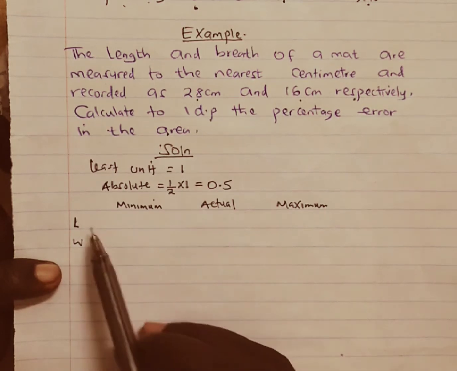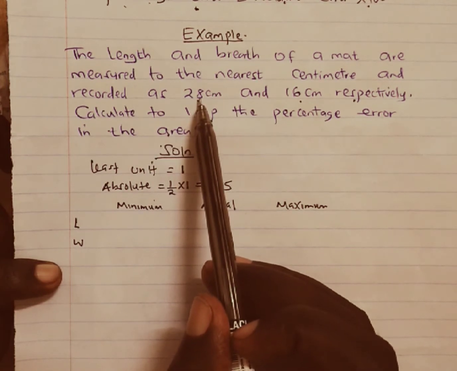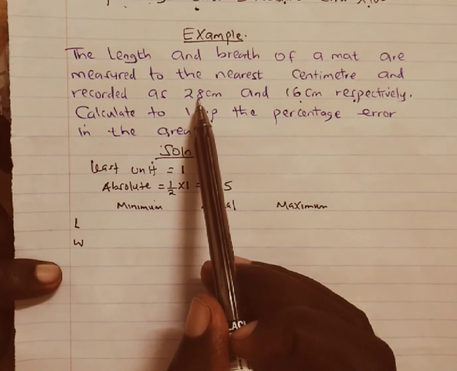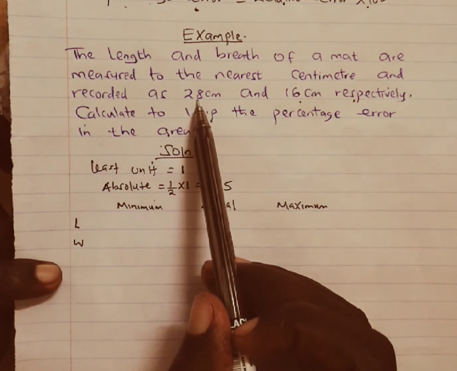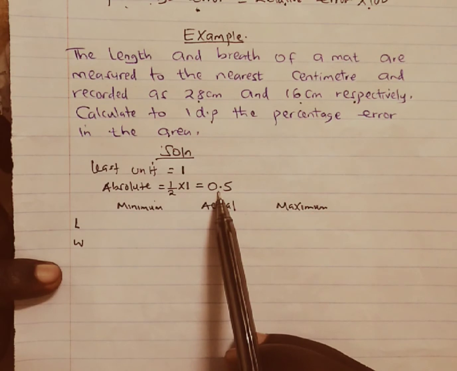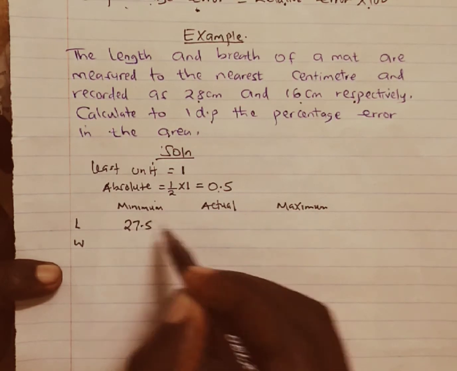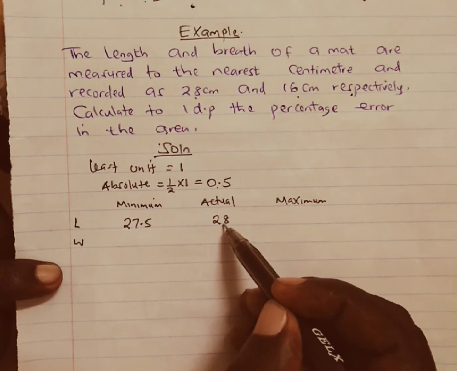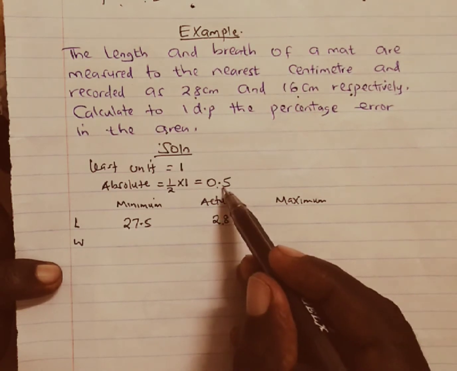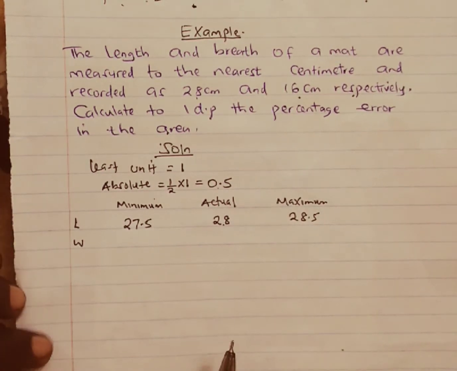For the length, we have the length being stated as 28, and for us to get the minimum value from the actual, we take this actual, which is 28, we subtract an absolute error of 0.5, and this gives us 27.5. Of course the actual length is 28, and if you want to get the maximum, you take the actual, you add 0.5 to give us 28.5 as the maximum.